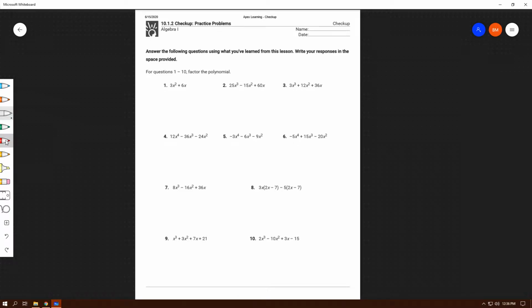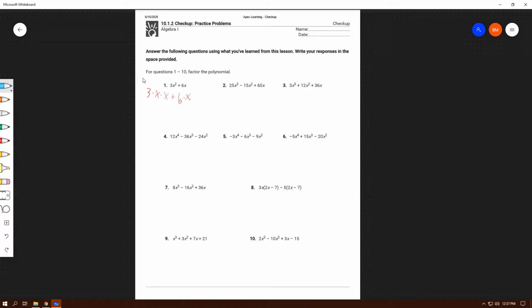Look at question one, and I'm going to break this down differently. This is 3 times x times x plus 6 times x. So I just expanded it out.